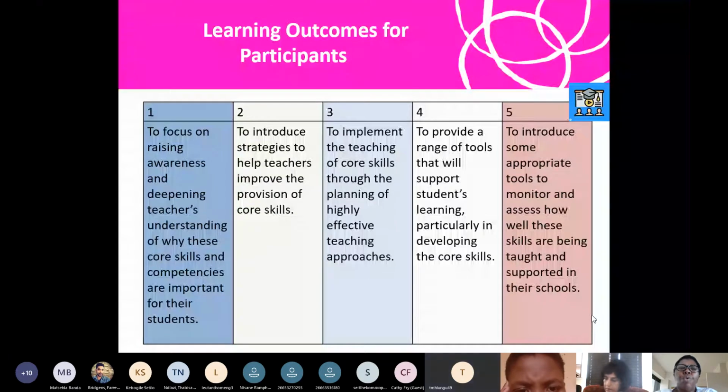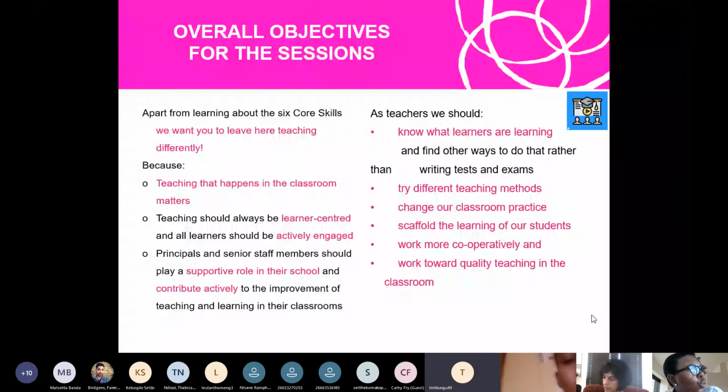And then what are the overall objectives of the 6 sessions? Firstly, we want you to teach differently, to think differently about your teaching practices. We want you now to begin to say that what happens in the classroom matters. What you do in the classroom matters a lot.